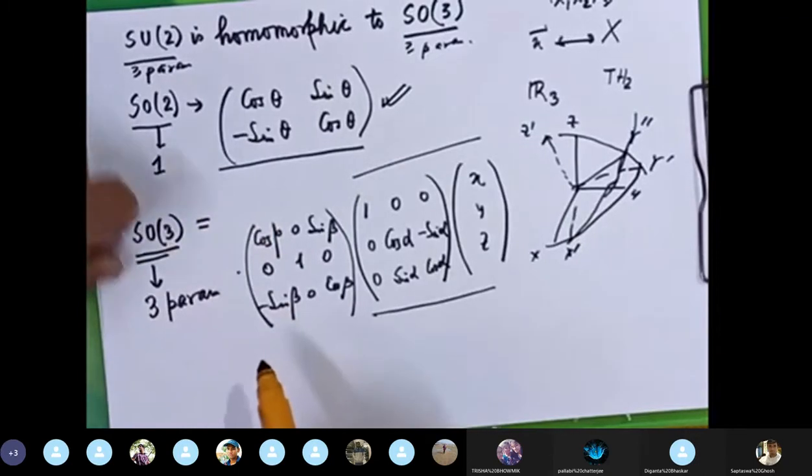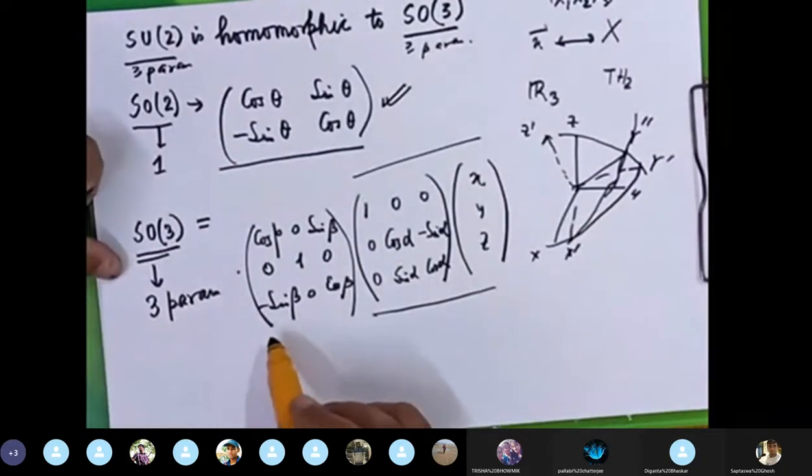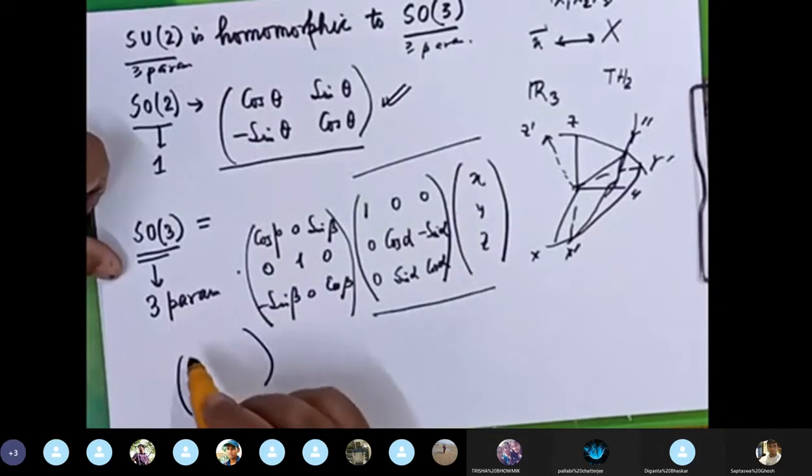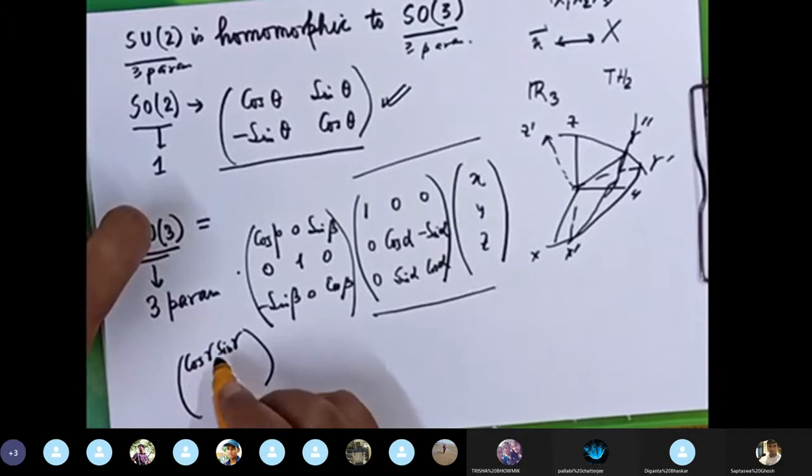Similarly, then you do the third rotation in the other plane, say the xy plane. Sorry. Yeah, the xy plane keeping z fixed. Then this whole thing will be multiplied by another matrix, which is cos gamma, sin gamma, minus sin gamma, cos gamma, 0, 0, 1, 0, 0, 1.